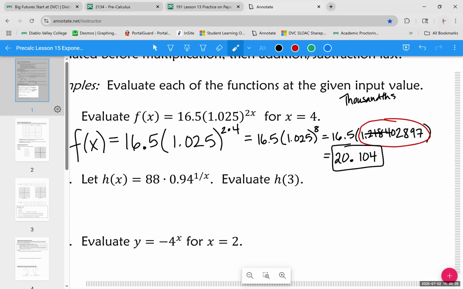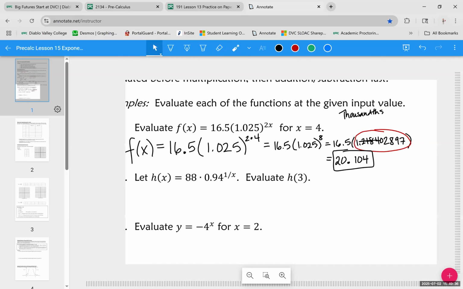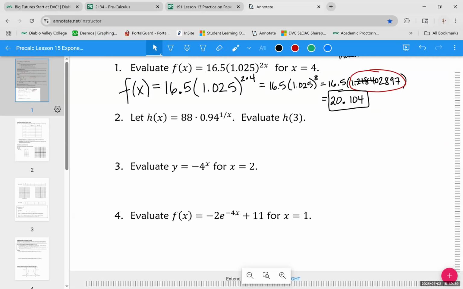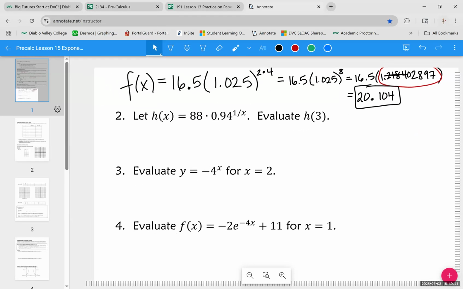And that rounding error could cause you to get it wrong, like if you put it in a homework system. So don't round too soon. Always keep many more digits than you need before the final calculation, and then round it to whatever place they asked you to.